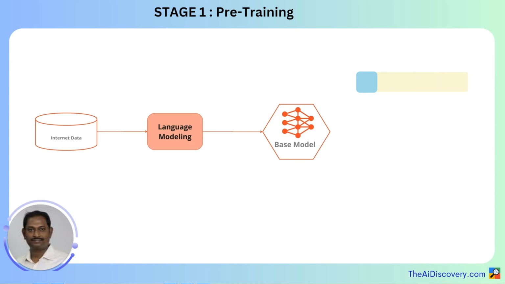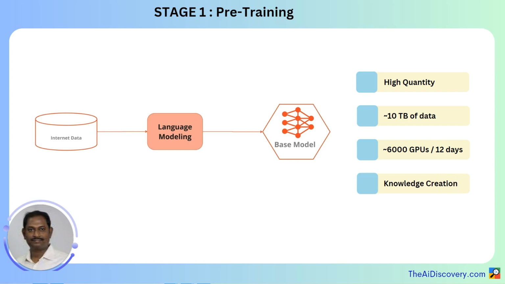Let me summarize stage one. Here, quantity of data is given precedence over quality of data. It has a huge quantity, in the order of tens of terabytes of data. It is also very computationally intensive. For example, it will need 6,000 GPUs running for 12 days to complete this stage.